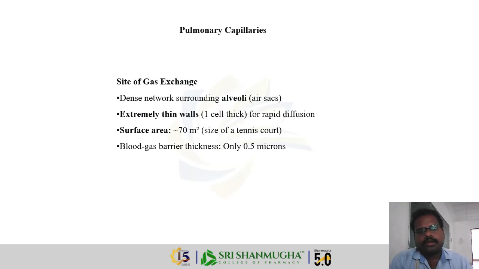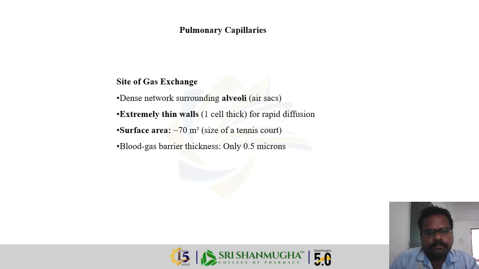Then the pulmonary capillaries. This is the site of gas exchange, where oxygen and carbon dioxide are exchanged. It is a dense network surrounding the alveoli, the air sacs located in the lungs, where the exchange of oxygen and carbon dioxide happens.